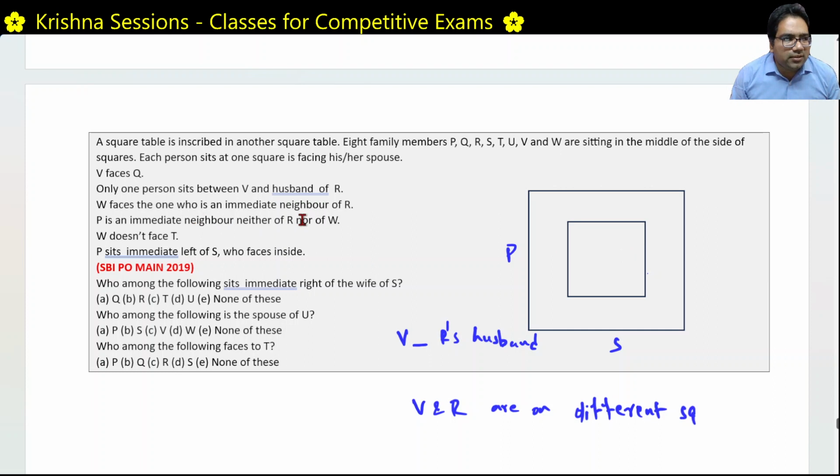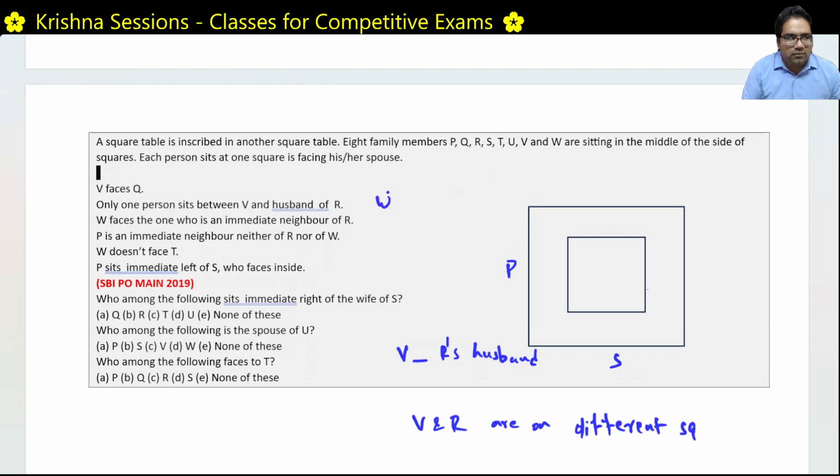Now if R is staying inside, let's look at one more condition. W faces the one who is an immediate neighbor of R. What does that mean? W is facing an immediate neighbor of R. That means W and R have to stay on different squares, right?